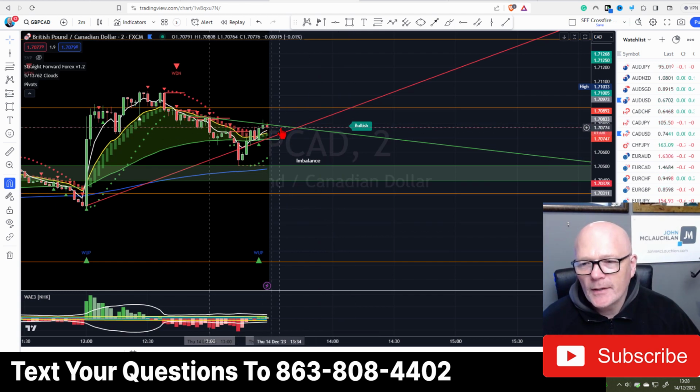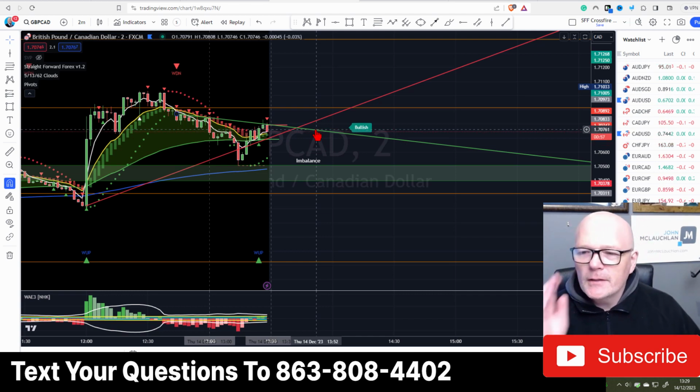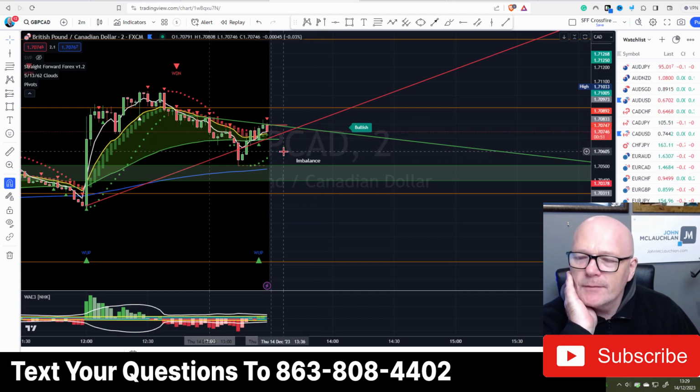Right now, it's just hit this trend line, and when you put your trend line in that position, you might be asking, do these trend lines really work? Is the strategy really working? Well, you can tell from there that the price is respecting the trend line, because the trend line is now resisting. It's offering resistance to that price.